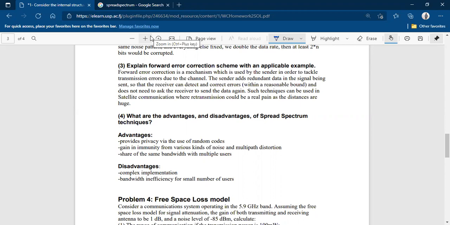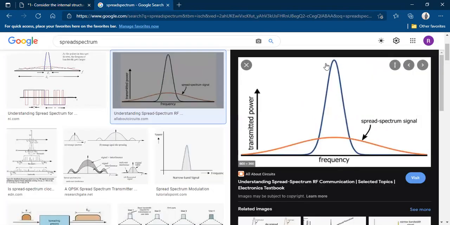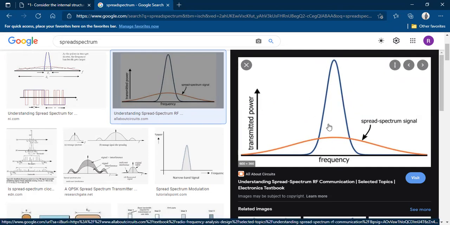These random codes, or pseudo random codes, are what we use to redistribute the message signal, the peak power, to be distributed over a vast range of frequencies, right?